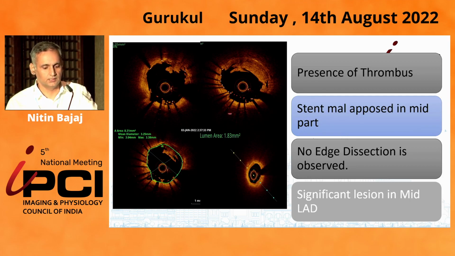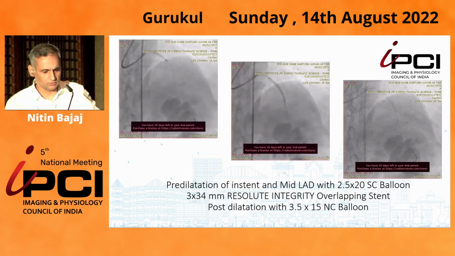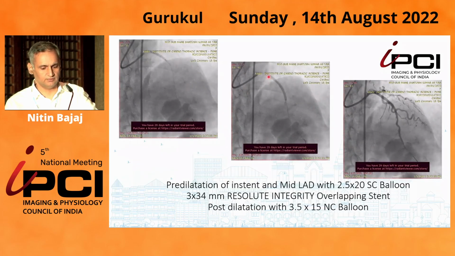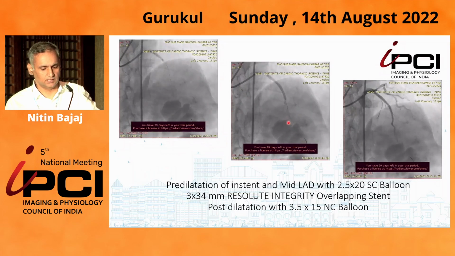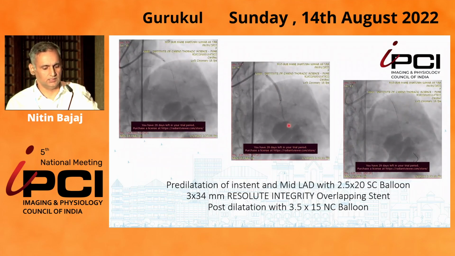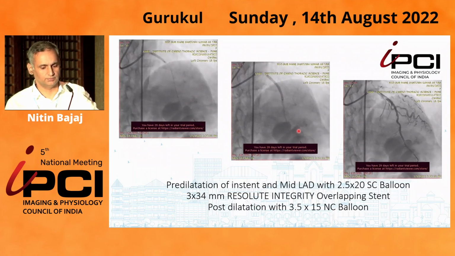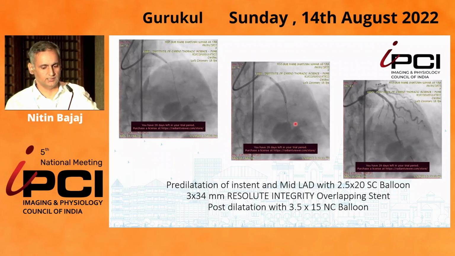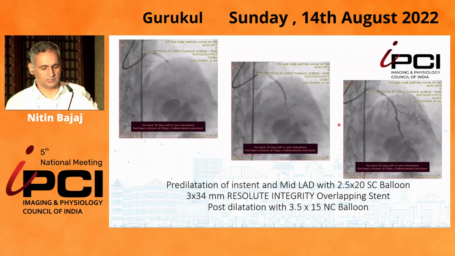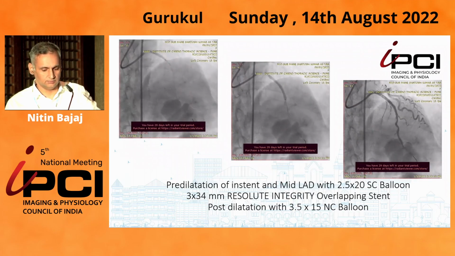So we decided to post-dilate this stent and also do an overlapping stent up to the mid LAD. So post-dilated with a 3.5. We covered with a 3.0 x 34 Resolute from the previous stent overlapping up to the mid LAD segment, post-dilated with a 3.5 NC up to high pressures, and achieved a TIMI-3 flow.